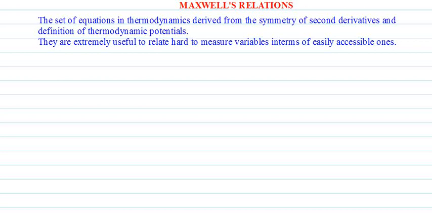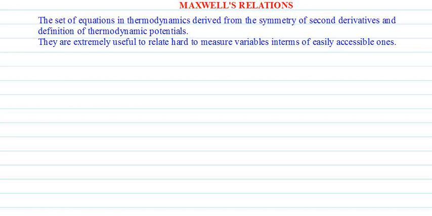Each representation, I told you, we can have the energy representation, the entropy representation, or the free energy representation, that is the Helmholtz representation, or the Gibbs free energy representation. From each of these representations, we will be able to obtain such relations, which are all categorized as Maxwell's relations.